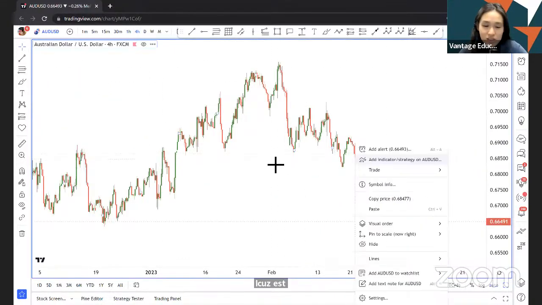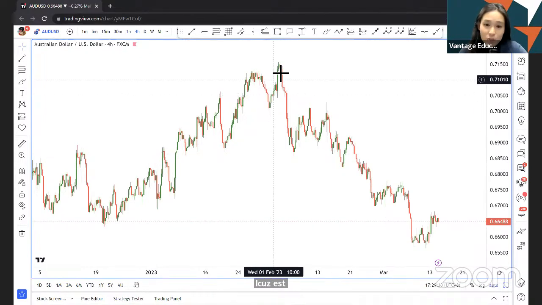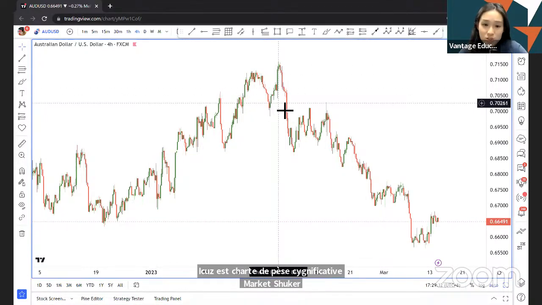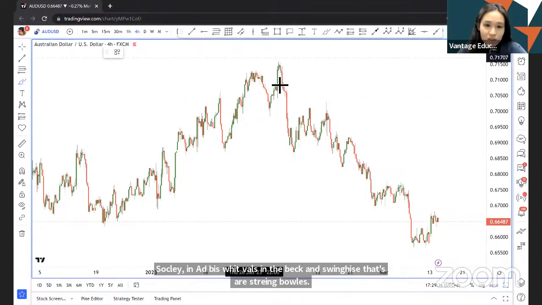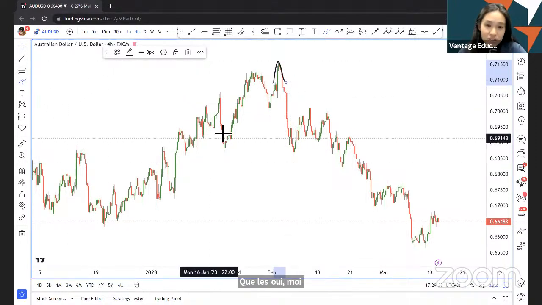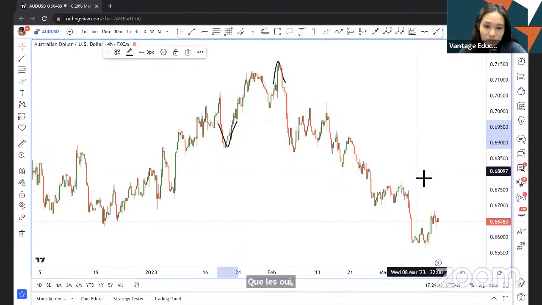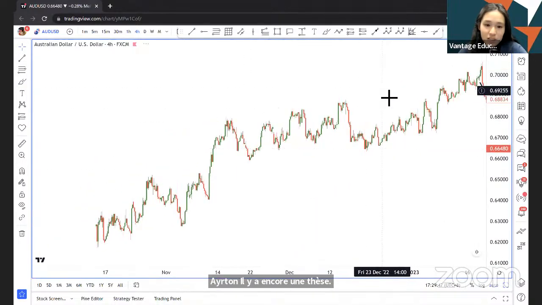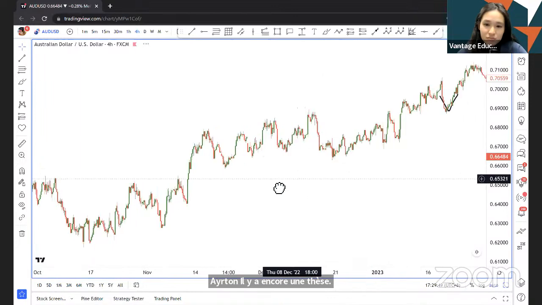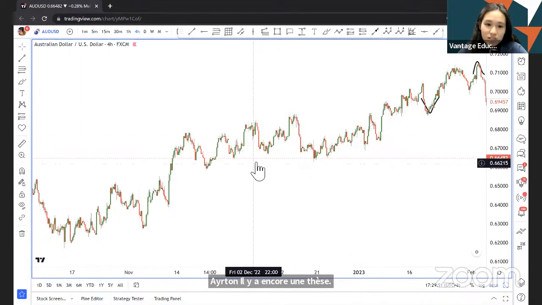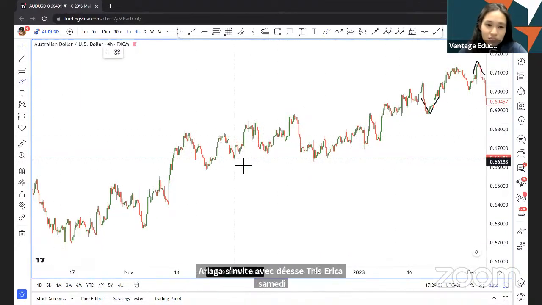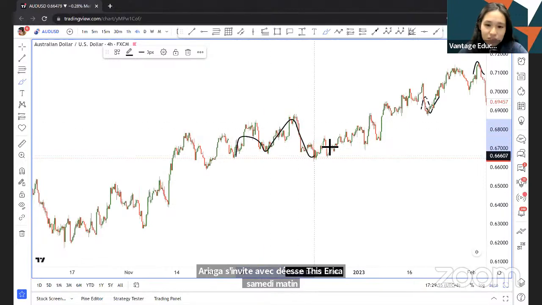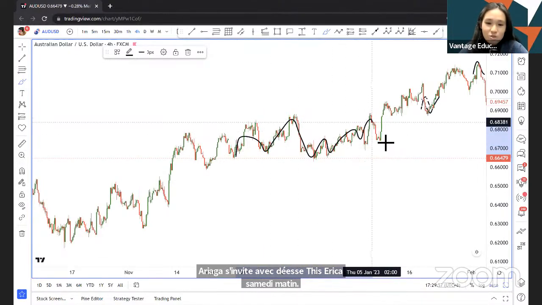Something like this, with very significant swing highs as well as swing lows, because as we mentioned from the slides, we want significant swing highs and lows. You don't want something like this area here, which has no significant swing highs or lows.